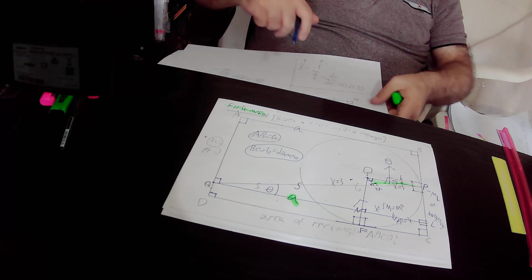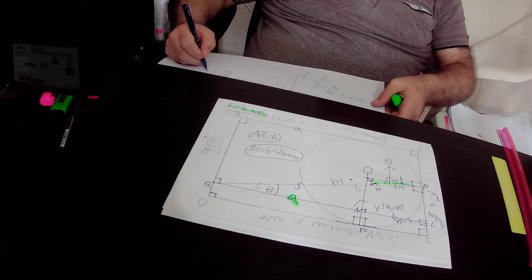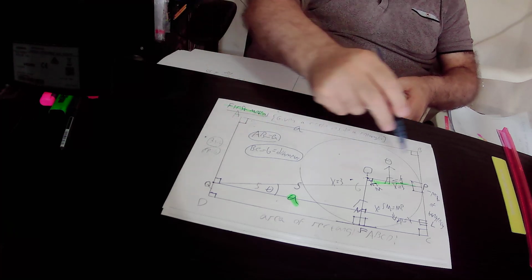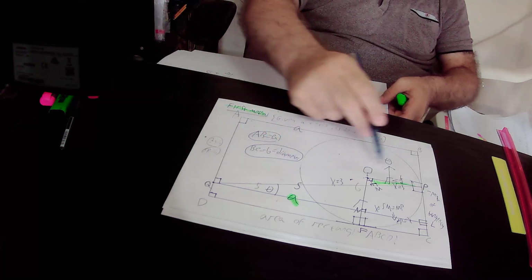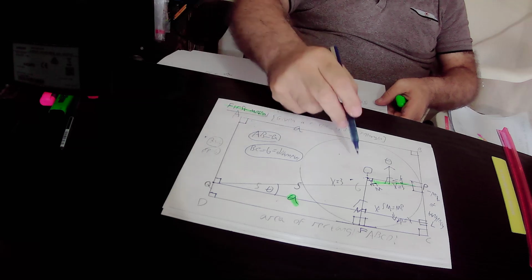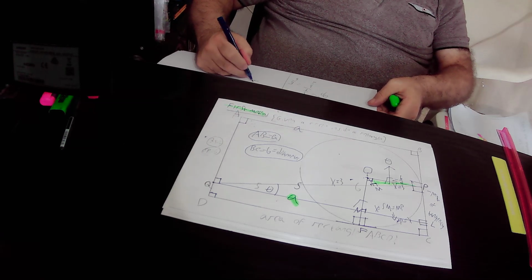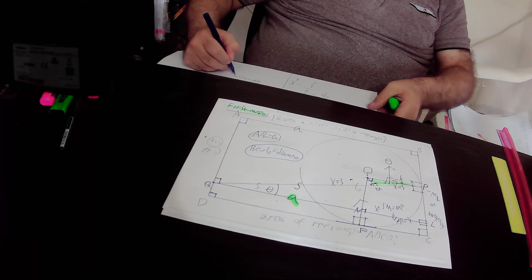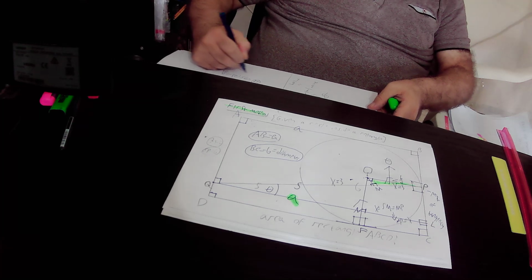QL equals A, according to what we have already found out. QP equals 5 plus 6, that is 11. So, in conclusion, we found out that cosine theta, according to equation number 2, equals A over 11.